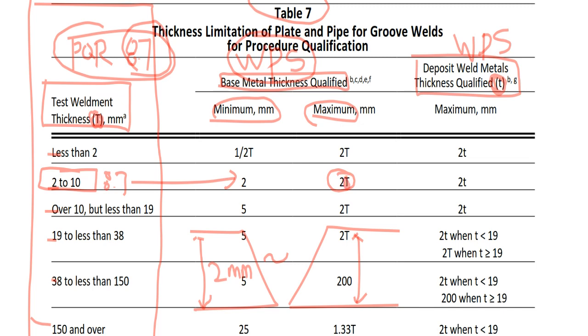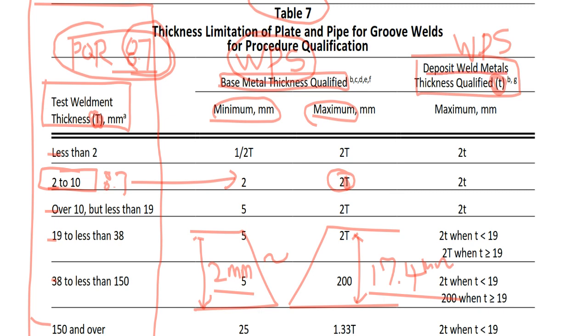This T means 8.7. So 8.7 times 2 is 17.4 millimeter. So maximum is 17.4 and minimum is 2 millimeter for the base metal thickness qualification.